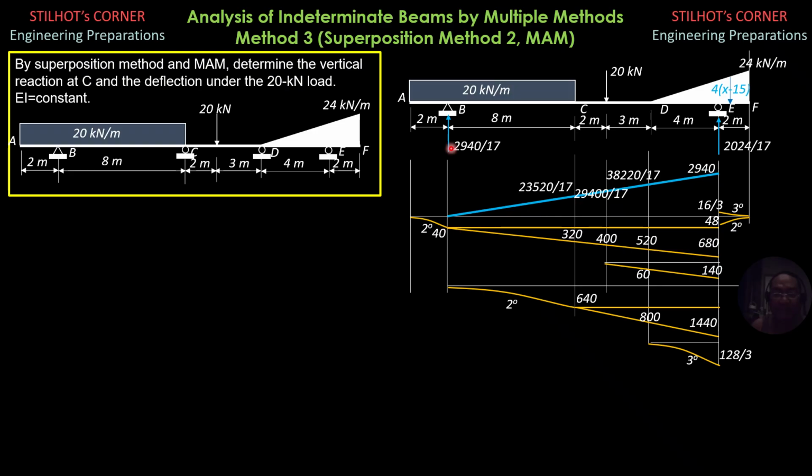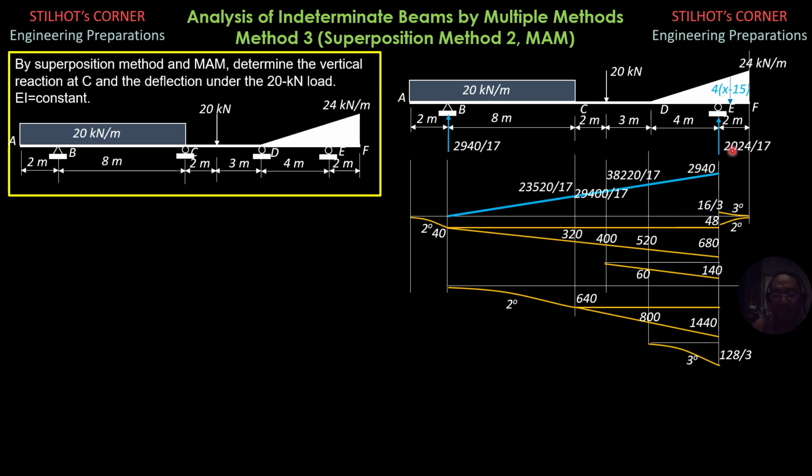So for instance, 2940 over 17 times 17 is 2940 here. 2940 over 17 times 8, that's the value, times 10, that's the value, times 13, that is the value. Then for this overhanging load, 20 times 2 times 2 times 1 is 40, second degree. And we imagine we have a concentrated load here of 40, 20 times 2, and a couple of 40.